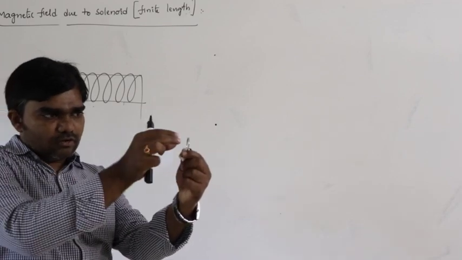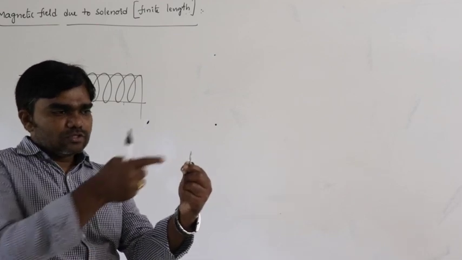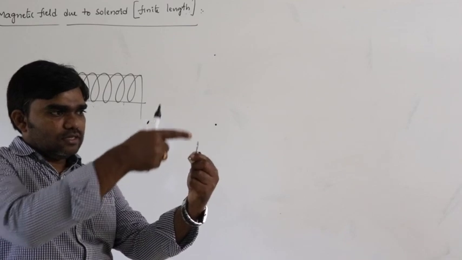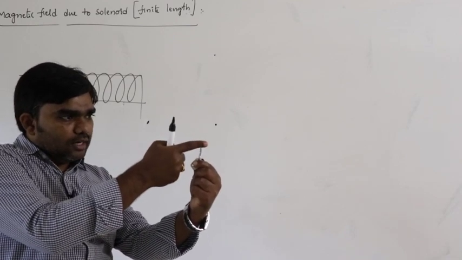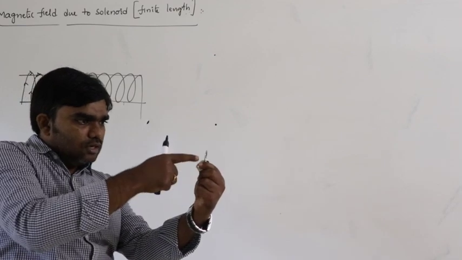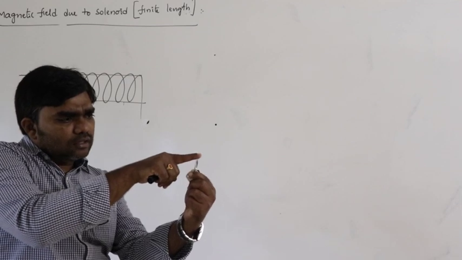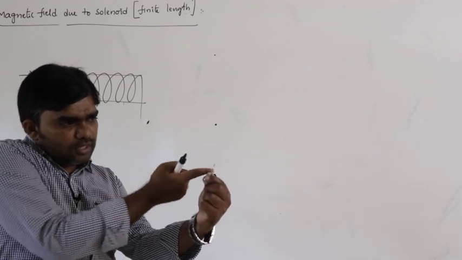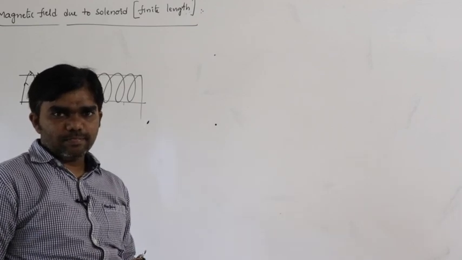A number of coils placed side by side acts as a solenoid. Here the current is travelling like this. On the top position the current is, let us say, inwards, and at the bottom position the current is outwards. Otherwise, on the top position the current is outwards and at the bottom position the current is inwards. That is the concept.